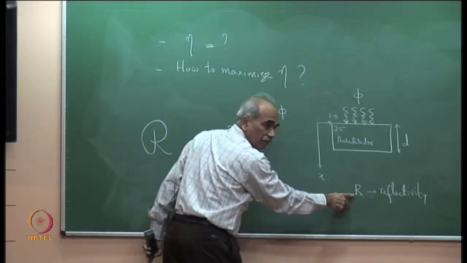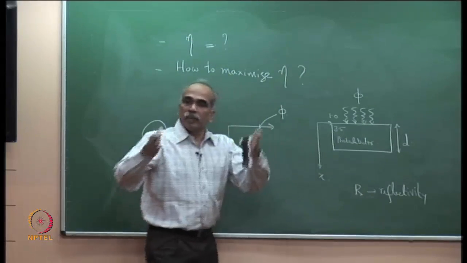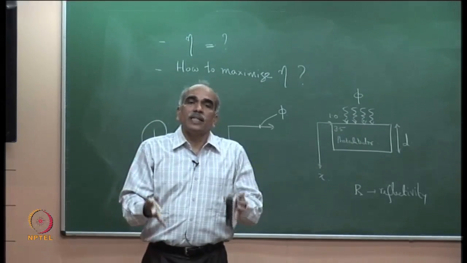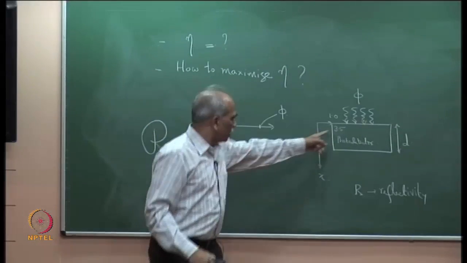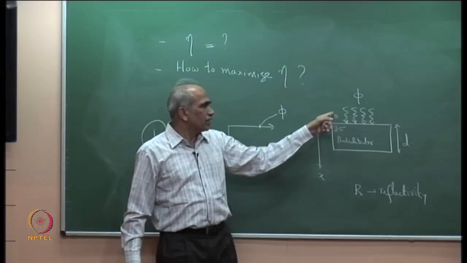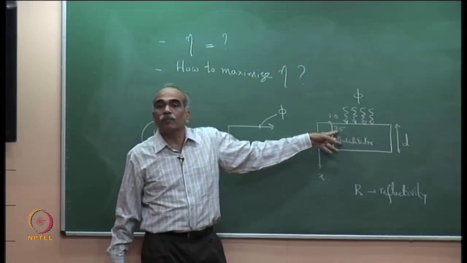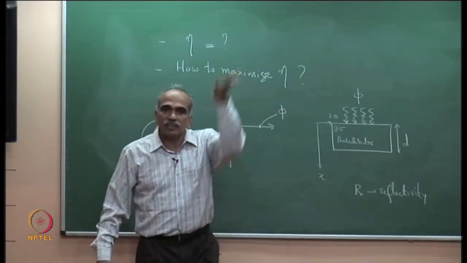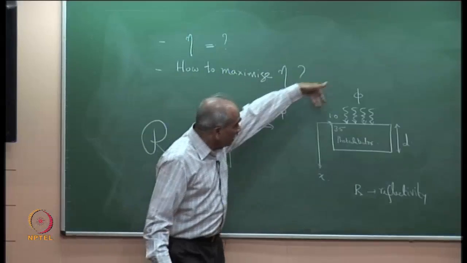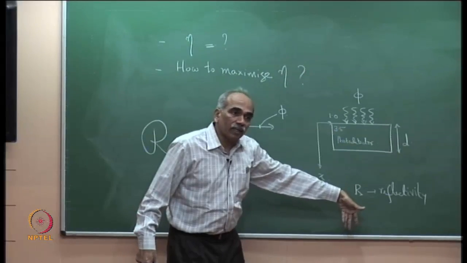Like in the semiconductor laser we had seen, if you take 3.5, this will come out to be approximately 0.3, that is 30% is reflected back. So, only 70% is entering.